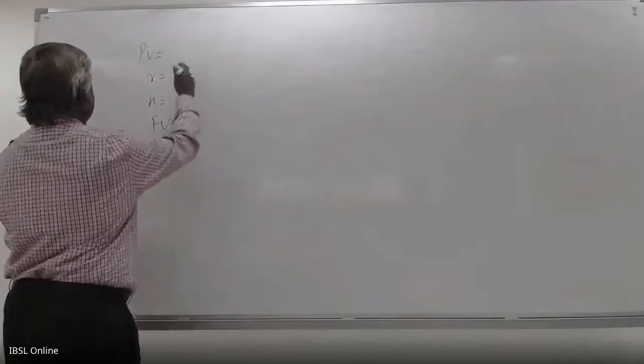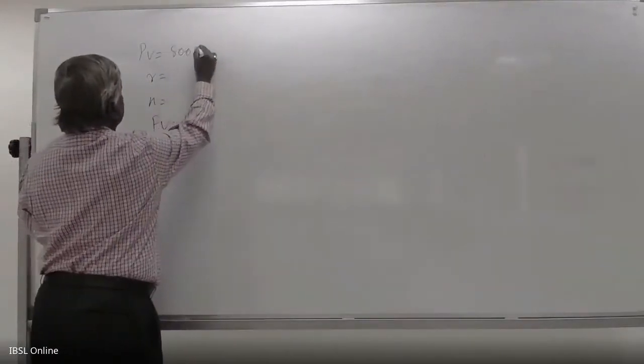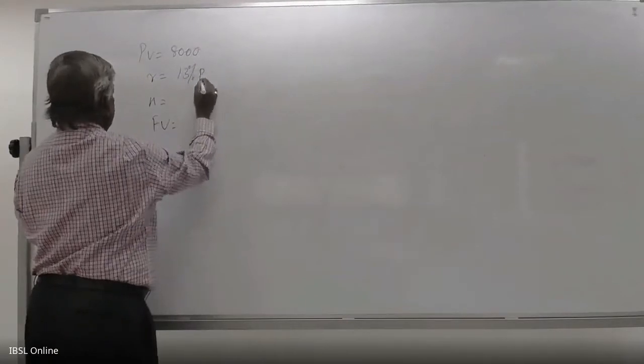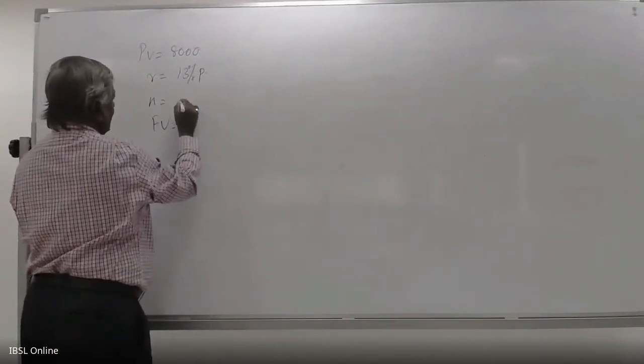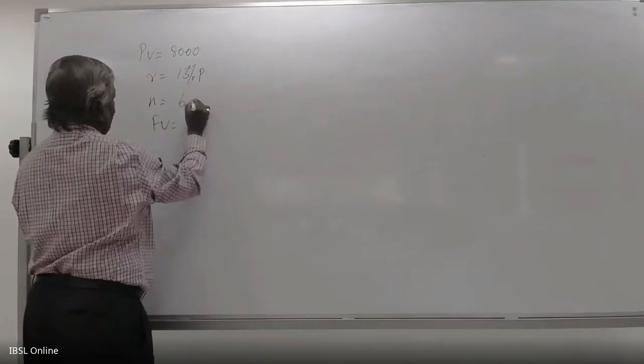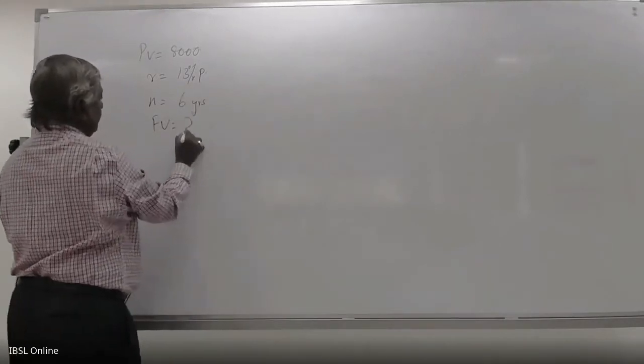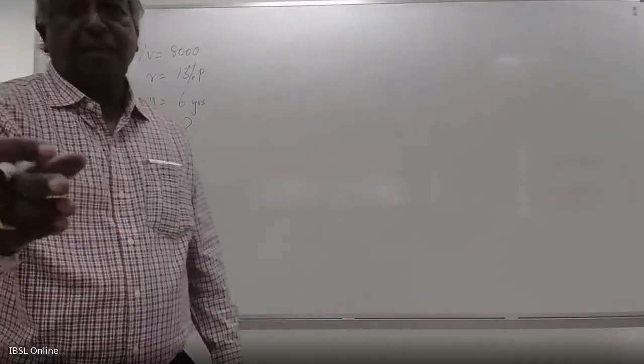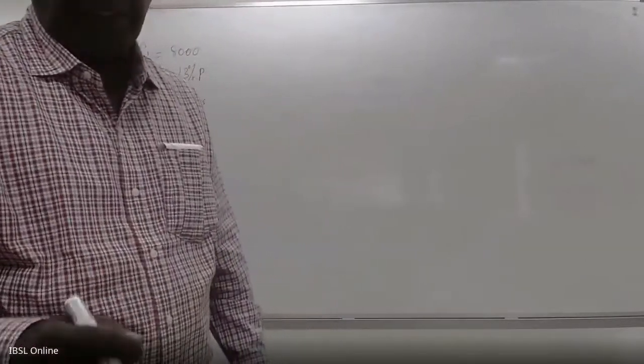The present value is 8,000. Interest rate 13% per annum. Number of years, say, 6 years. What is the future value? Please do it on your own. I will give you a few minutes. Please do it.